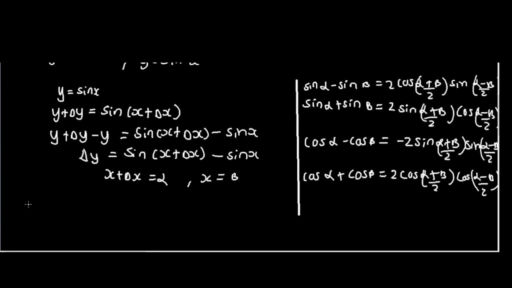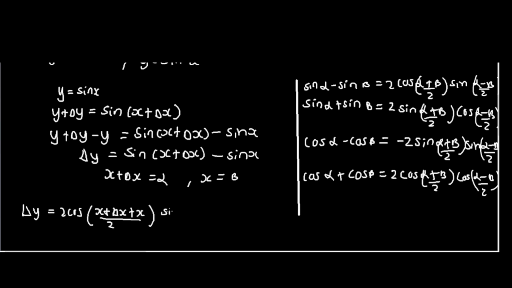So from the factor formula, change in y equals 2 cos of alpha plus beta, but in this case it is going to be (x plus change in x plus x), the whole of this divided by 2.